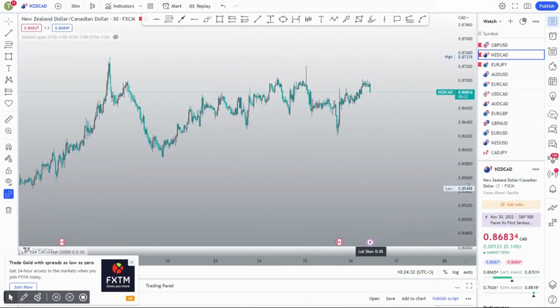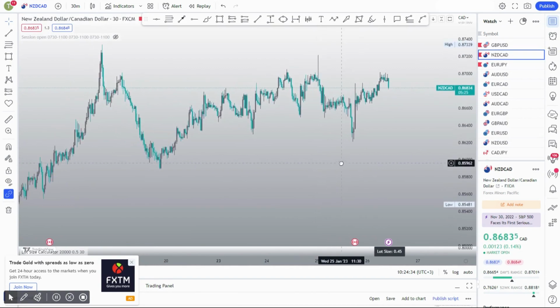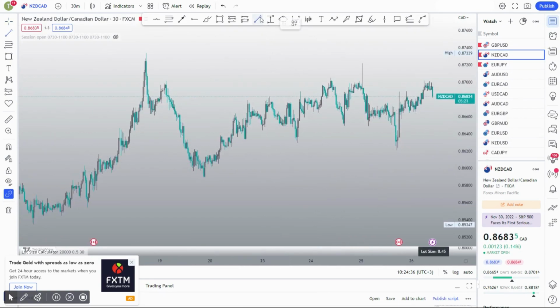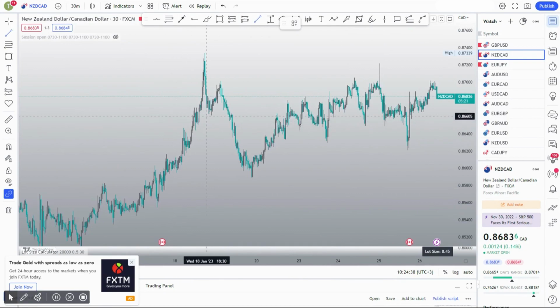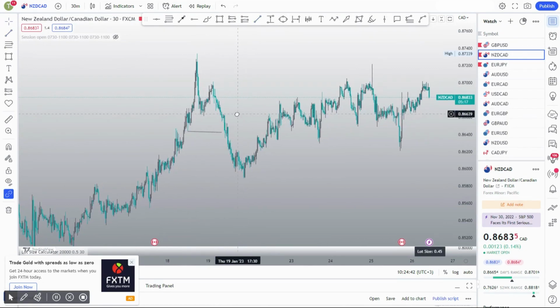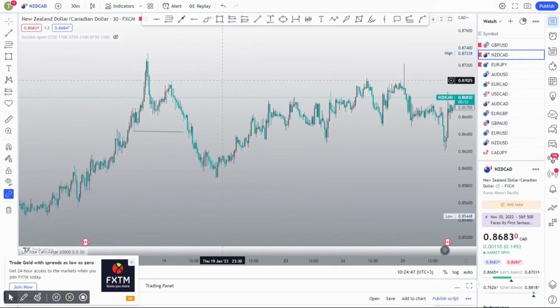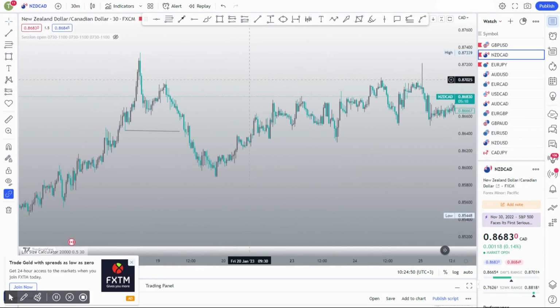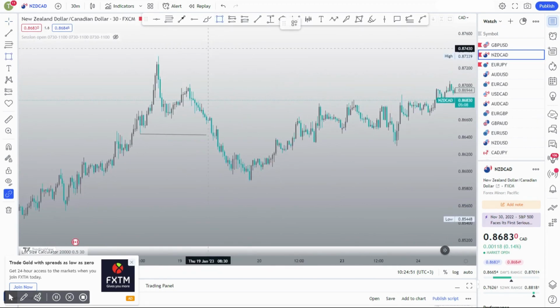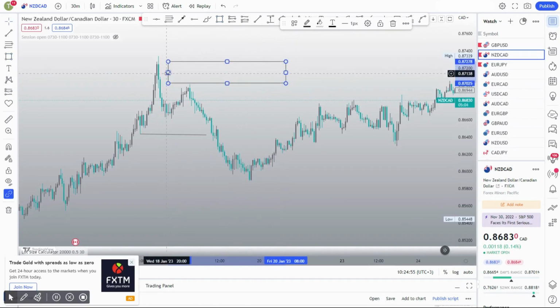Yeah, so guys, here we go. This first break of structure is there, right guys. So what about the most premium supply zone? It will be right here.